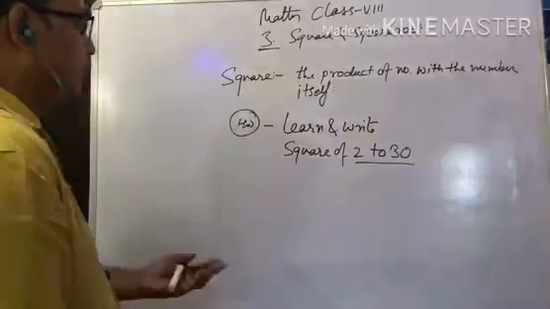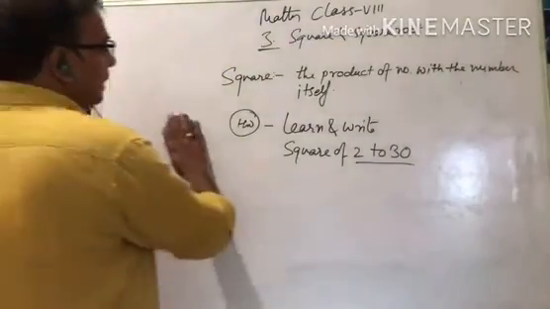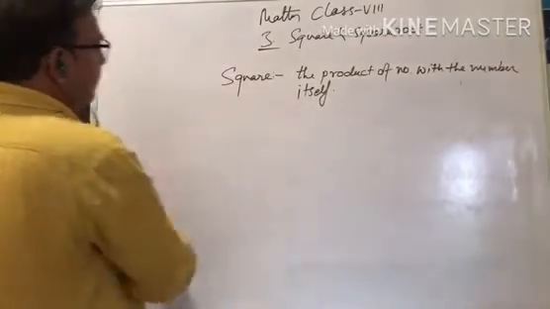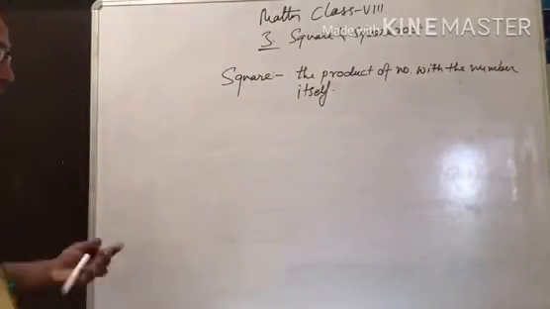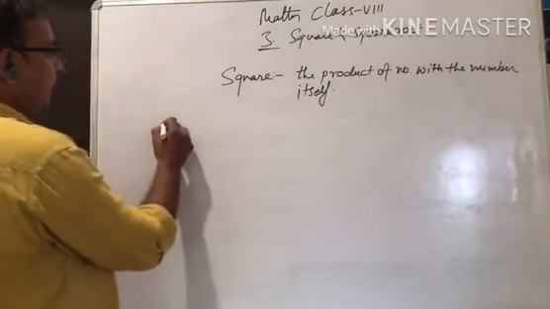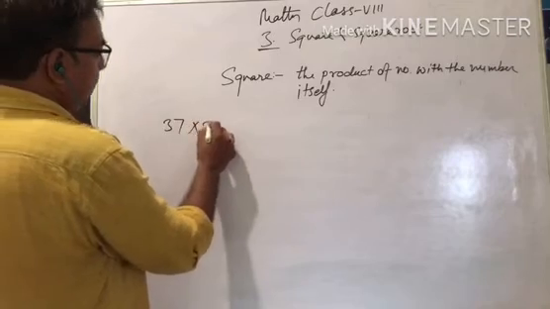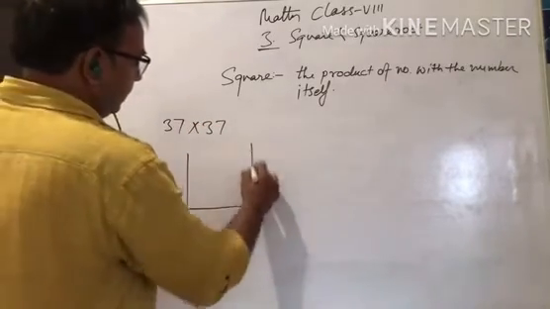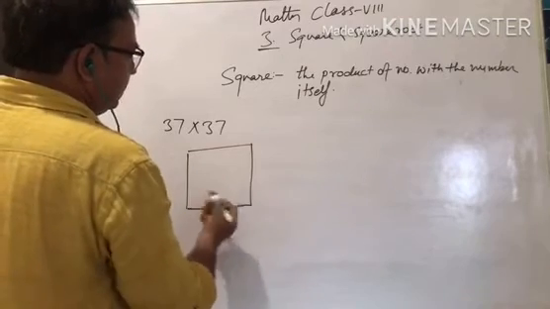Now I tell you, there is a method to find the square also. There are so many ways to multiply. Suppose 37 times 37, we can use a method. This is not in a book, I just tell you.